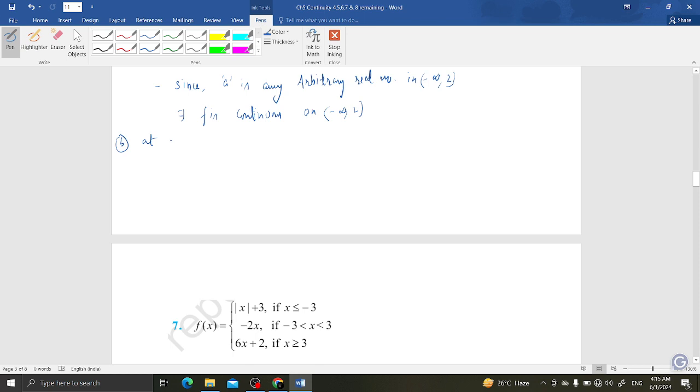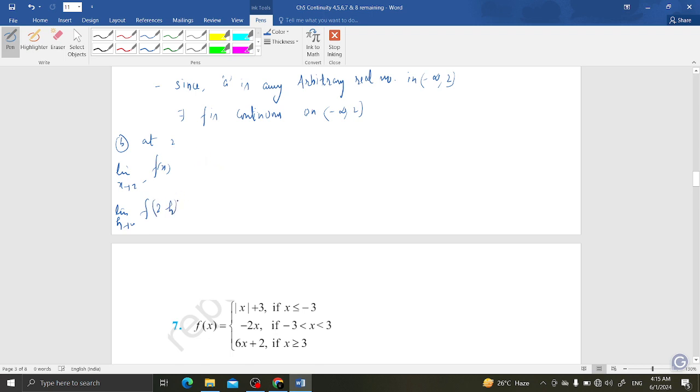At 2, I need to find the LHL, limit x tends to 2 negative f of x, which is limit h tends to 0 f of 2 minus h.